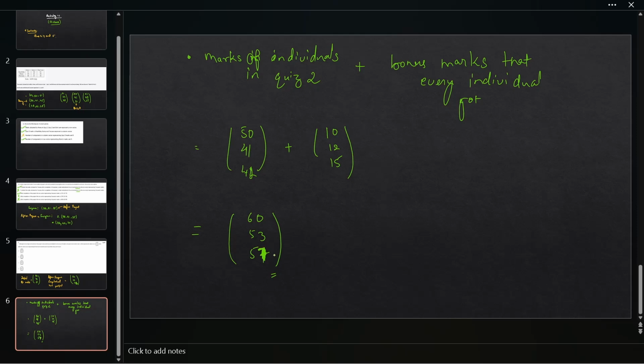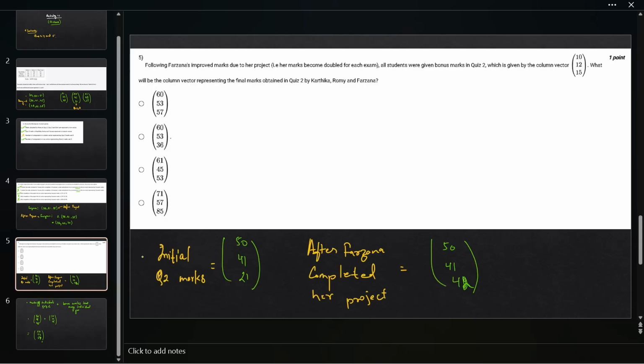So mistakes are part of problem solving. Here we made a mistake, but we corrected it later. So the option 60, 53, 57 is correct, option 1. So here was the solution of question 5 as well.